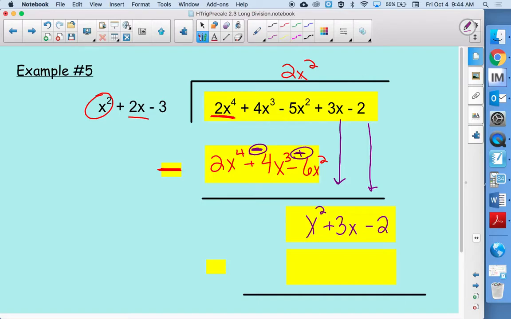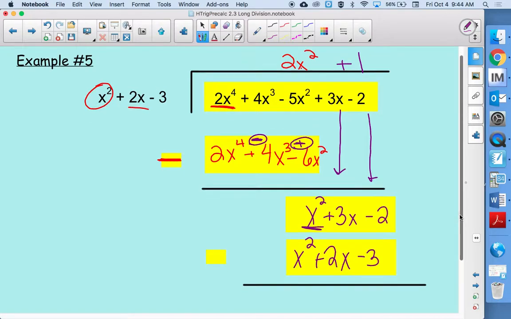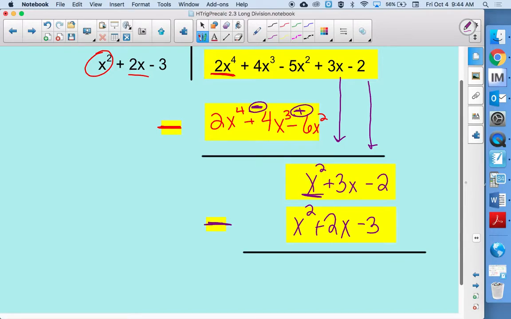Lauren, we have an x squared. What do we need to multiply it by to make it x squared? Just a 1. So x squared plus 2x minus 3. Be careful you're subtracting. Just be really careful that you're pulling that subtraction sign through. And you should end up with x plus 1 as your remainder.